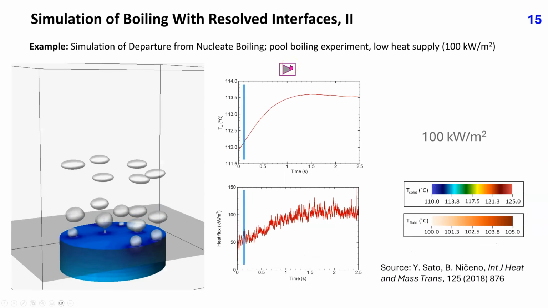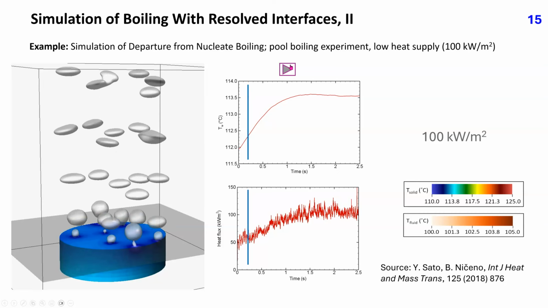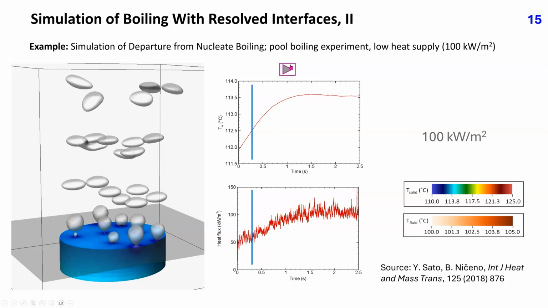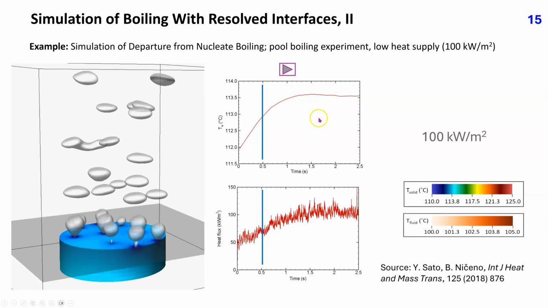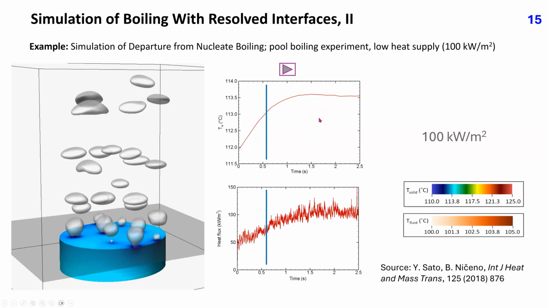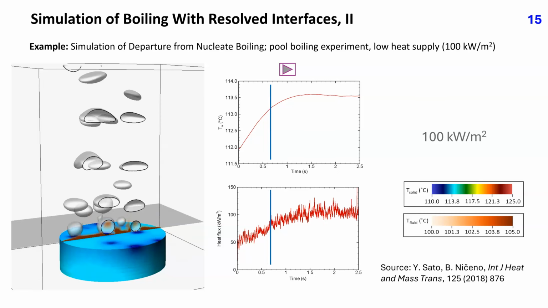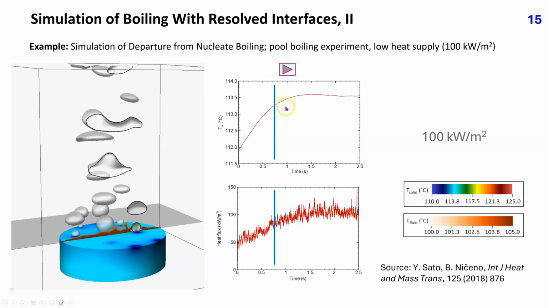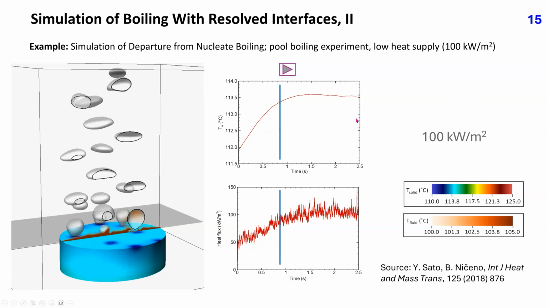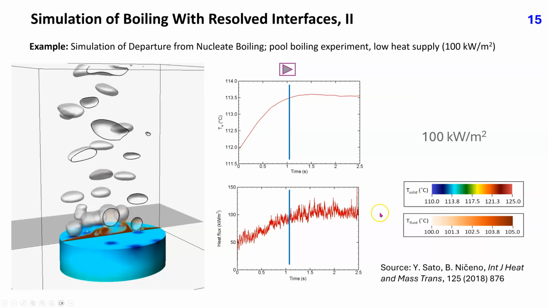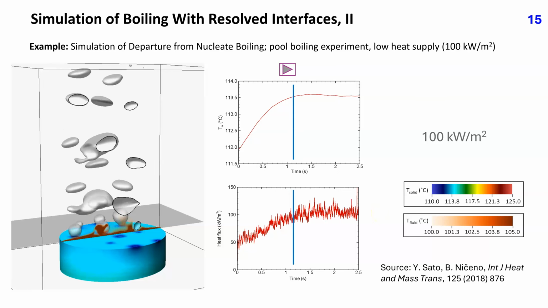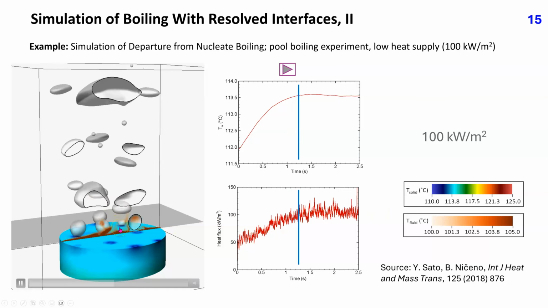At the low heat flux of 100 kW per square meter applied at the bottom of the copper block, it takes about 1.5 seconds to obtain a nearly steady wall temperature at the interface to liquid of about 113.55 degrees Celsius. The heat flux at the interface oscillates around 100 kW per square meter because of growth and departure of vapor bubbles.